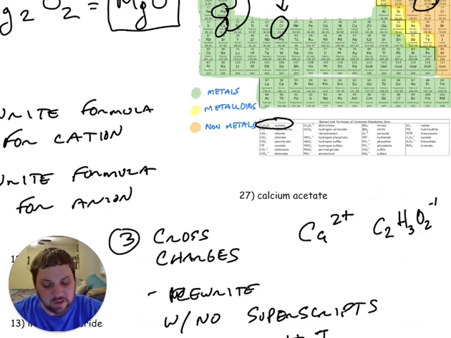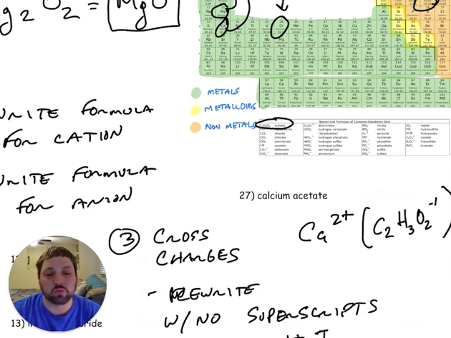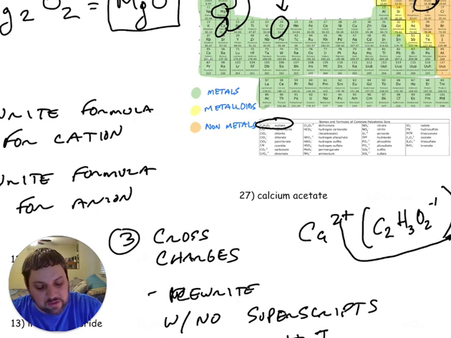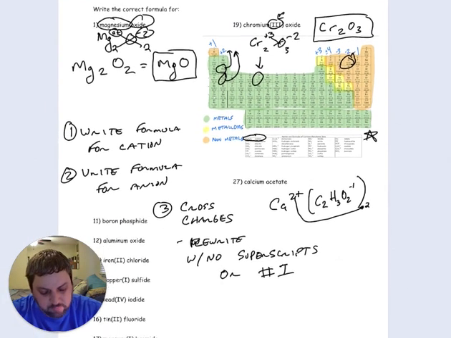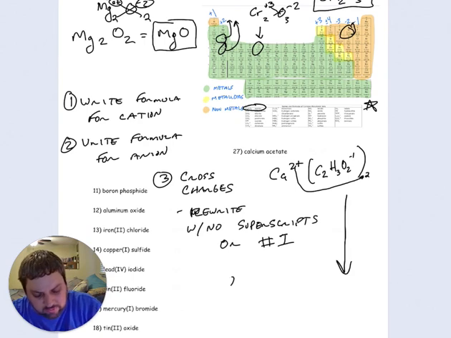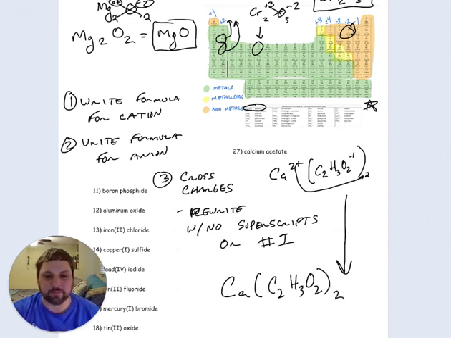And now when we cross charges, I'm going to tell you guys a little hint that makes my life easier. I put all of my polyatomic ions in parentheses. So when I cross my charge, it gets put in the right spot. We want that 2 to be on the outside of the parentheses, indicating we have 2 of everything inside there. And what we end up with is Ca parentheses C2H3O2 and a 2 on the outside.